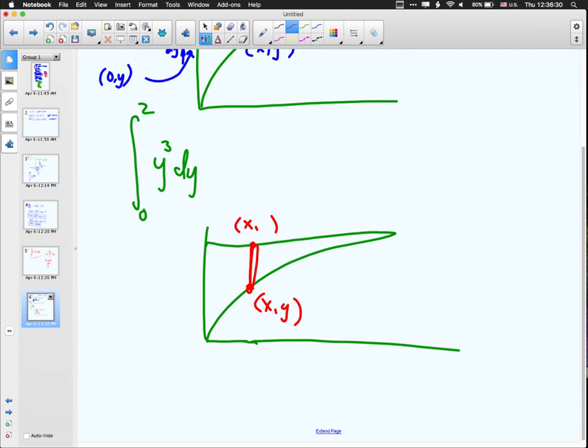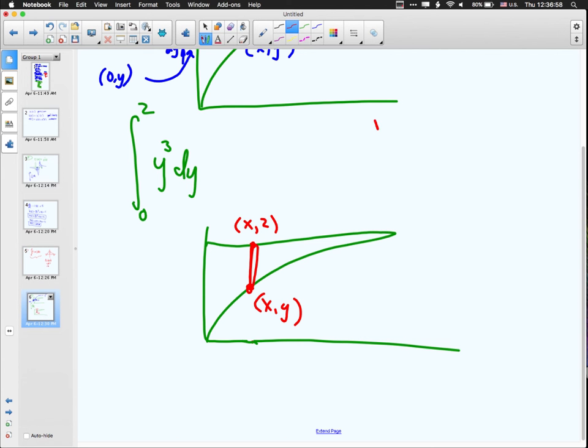Hint, it was sort of up here. 2, right? The top of that thing is 2. So the width of that thing is dx now. What's the height? 2 minus y, indeed.